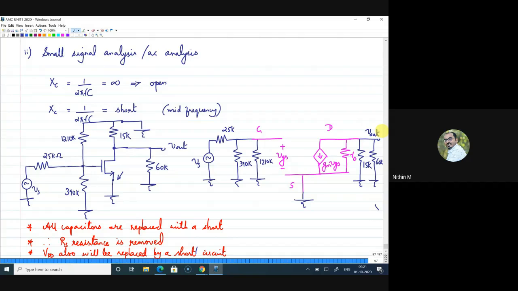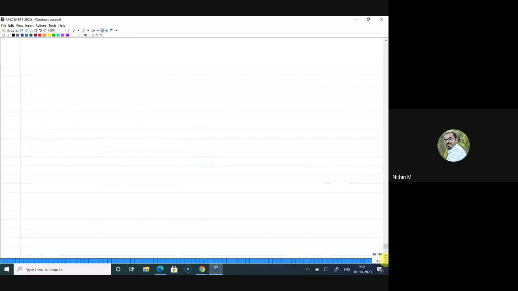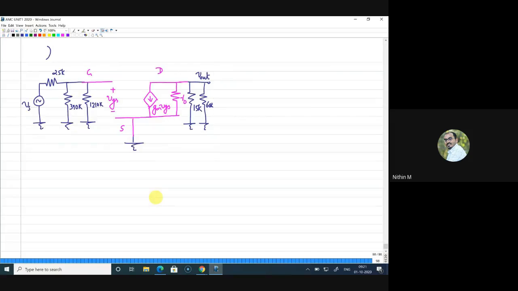So now this is the equivalent circuit. Right. Now with this equivalent, let me take this equivalent circuit and place it in the next page. Right.